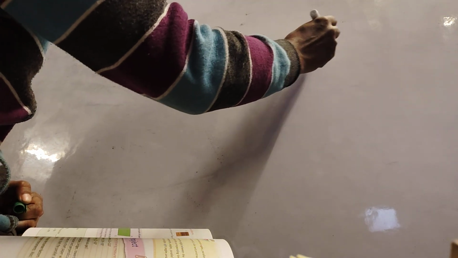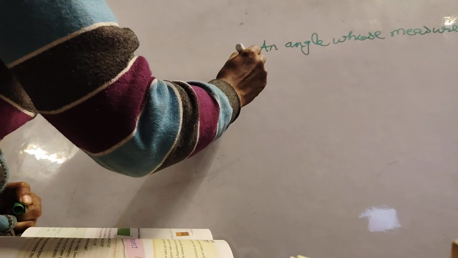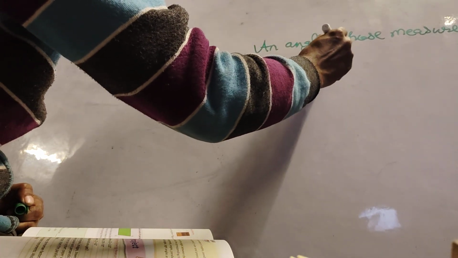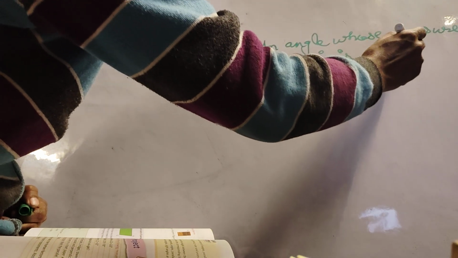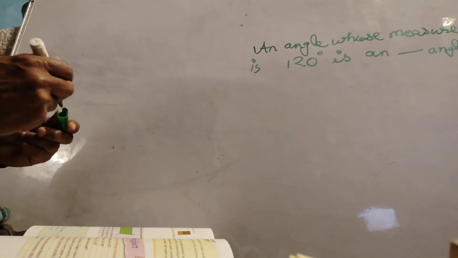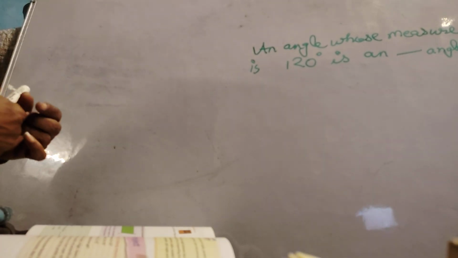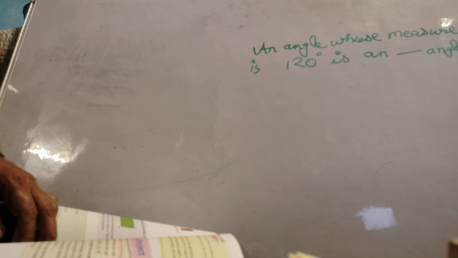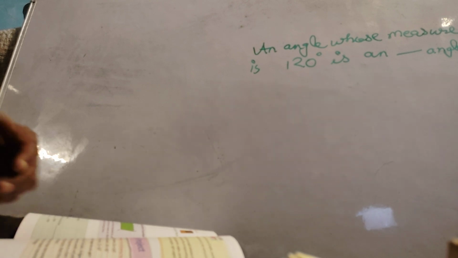Next is: an angle whose measure is 120 degrees is a dash angle. Then obtuse angle, I think? Yes, obtuse angle, correct.